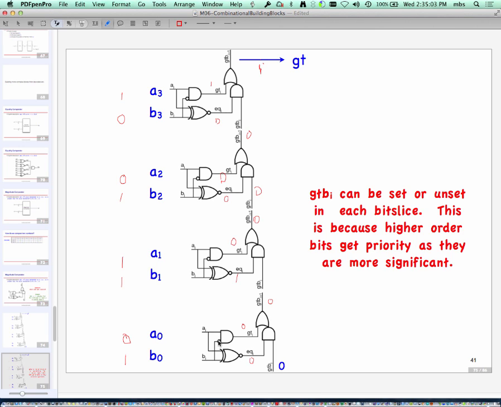Okay, so we have our comparator. Relative to a comparator that you might design as a sum of products, I could always take my 4-bit numbers, 2 4-bit numbers, I have now 8 bits of input. I can create a truth table which has 2 to the power 8 entries, namely 256 entries. I can find which minterms are true and do a sum of products implementation, or a product of sums implementation.